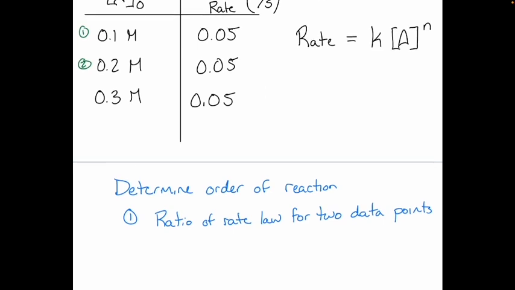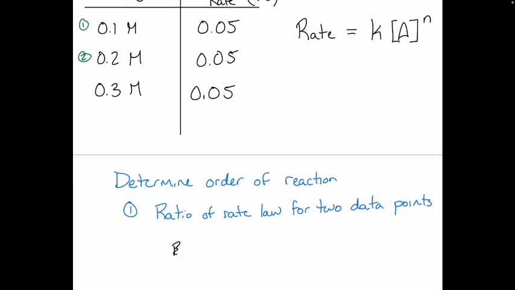So that means the rate of that first data point, we'll call it data point 1, divided by the rate of my second data point, we'll call that data point 2. This equals my rate law, k times A to the power of n.